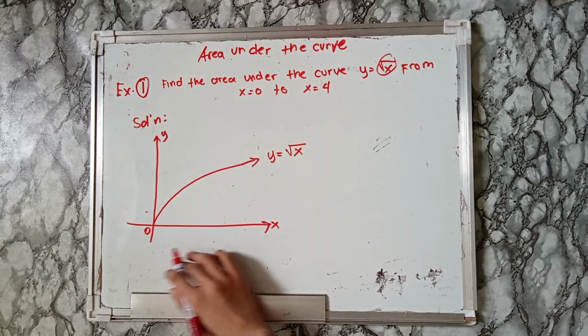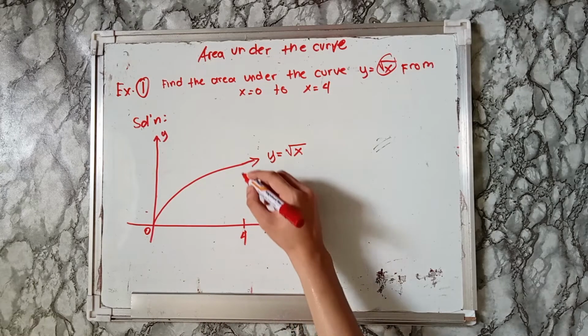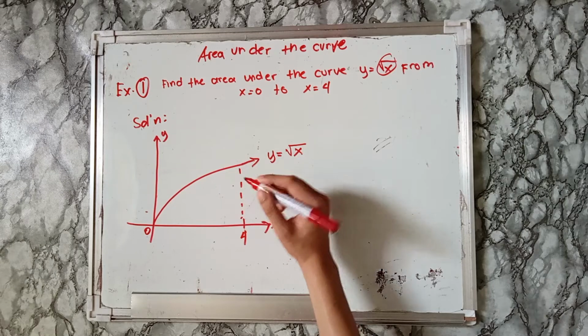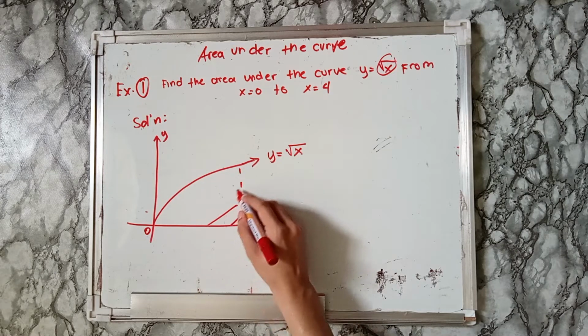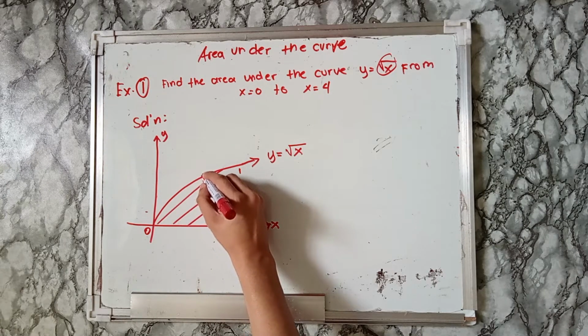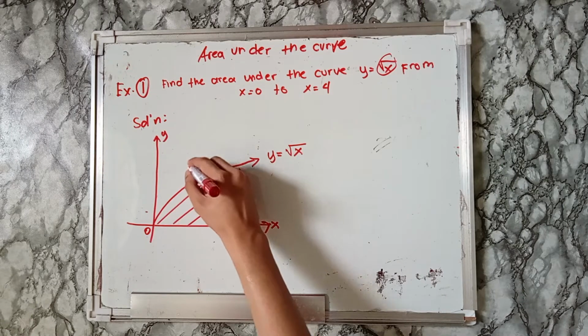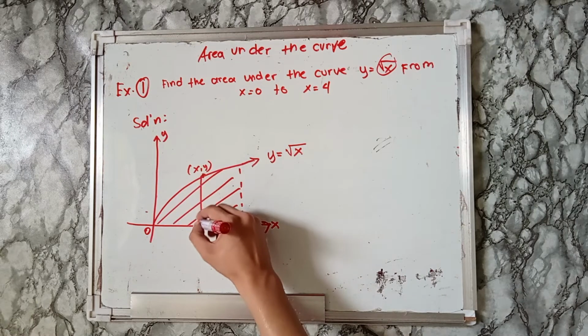So from the origin, and let's say this is our 4 in here. So this is our area of interest. Now if we put a vertical strip here, let's say a point, this is x and y, draw a vertical strip.